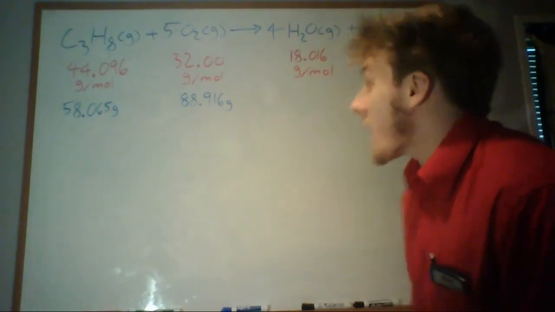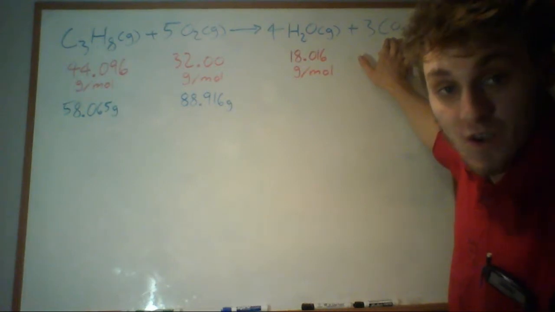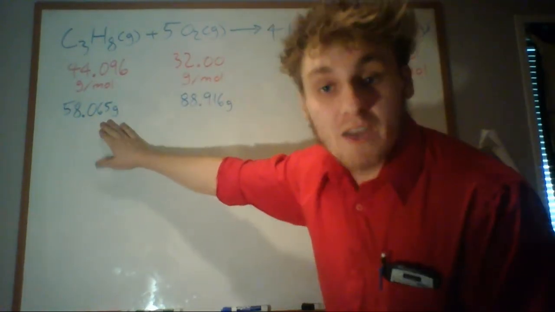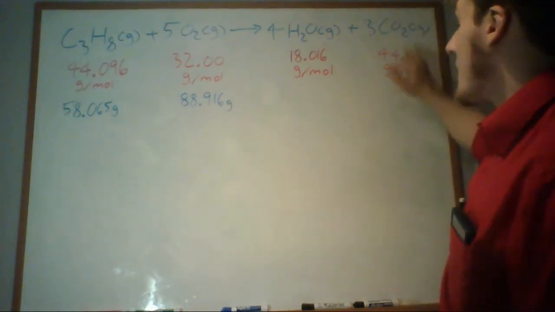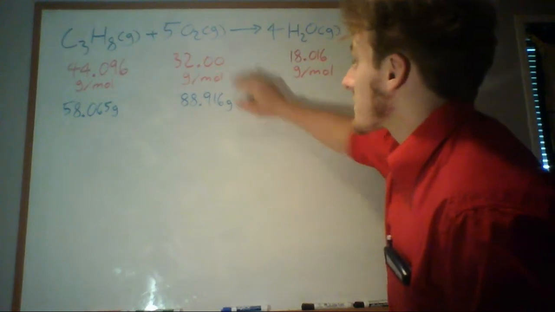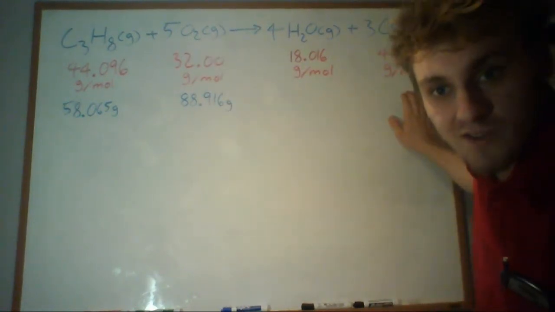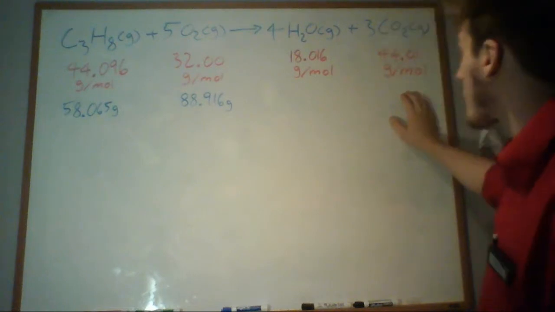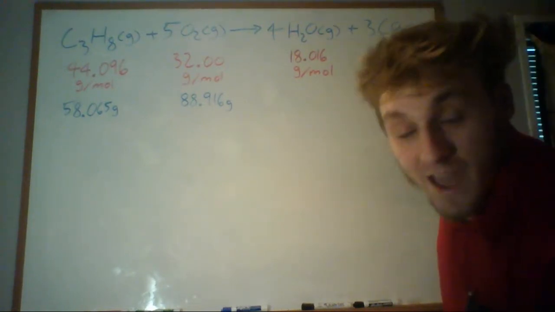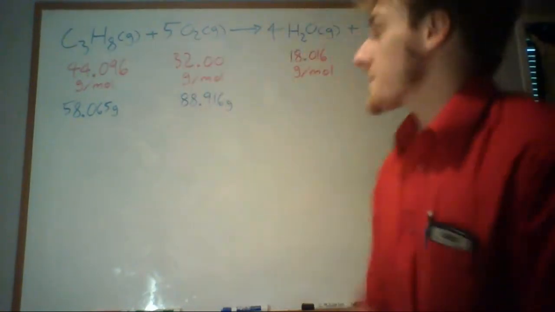After we do that, we'll have grams of CO2 that should be able to be produced from this much propane. And we'll also have grams of CO2 that should be able to be produced from this many grams of oxygen. Whichever one of these values comes out to be smaller, that will tell us which of these two is our limiting reagent.